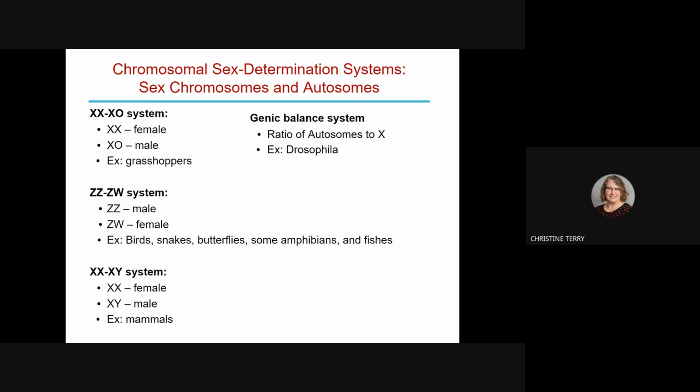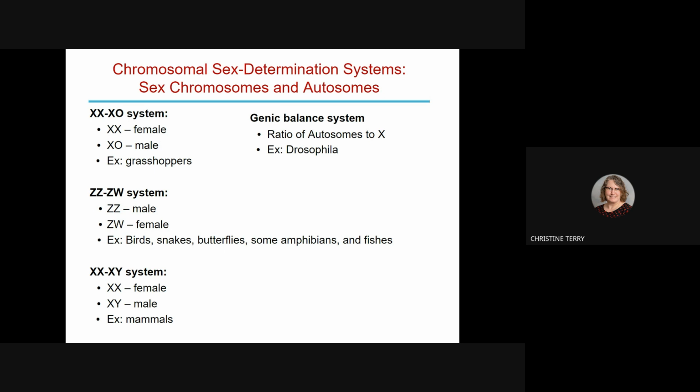You can see there's a lot of variation in insects. We've already looked at one example, an XO system for grasshoppers. Butterflies have the ZZ-ZW system. And then Drosophila, which are the ones that we're using in our simulation, have a balance system, based on the ratio of autosomes to X's.